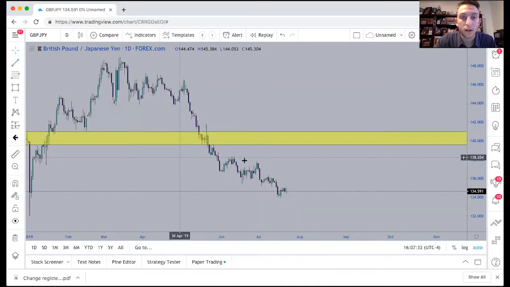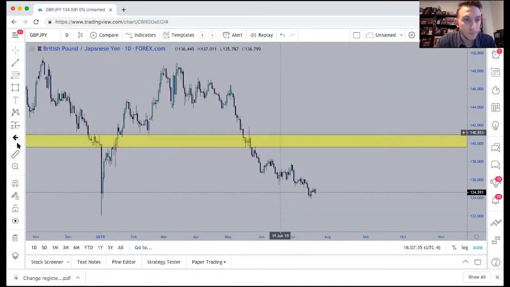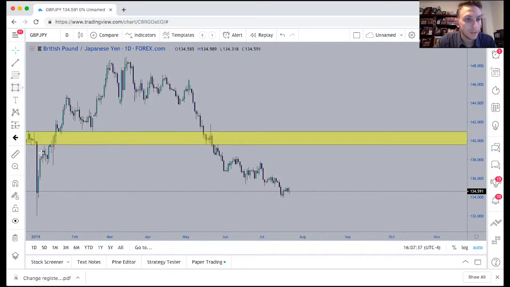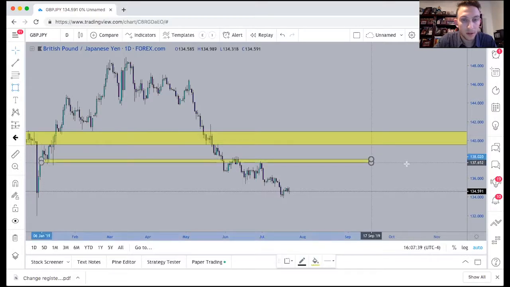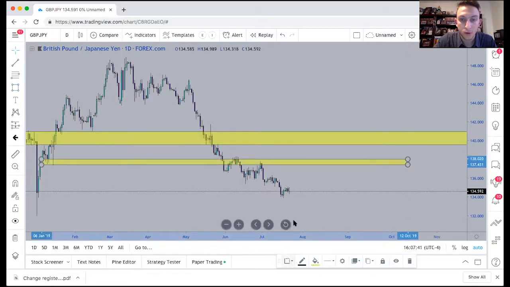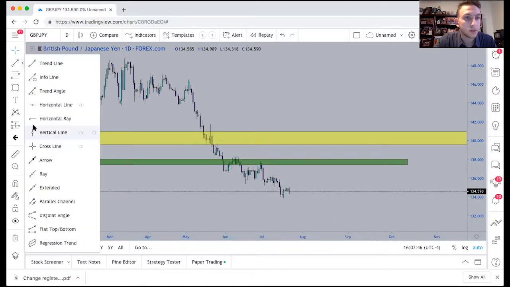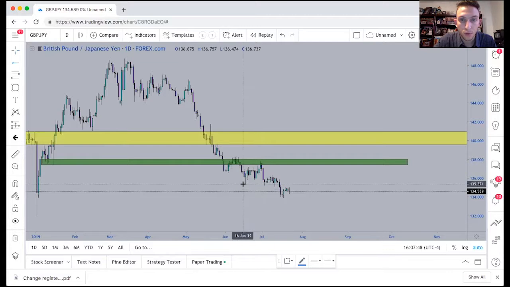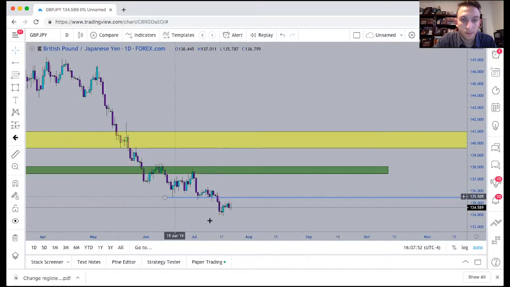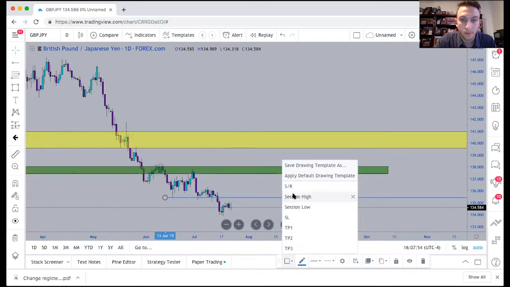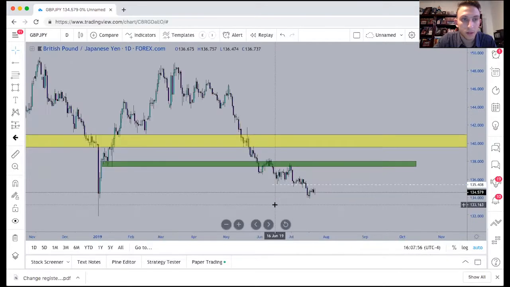Let's go daily time frame. See this nice area right here that was previously broken. All right, very similar to Euro JPY where we broke this previous pivot right here. And we're continuing to the downside.